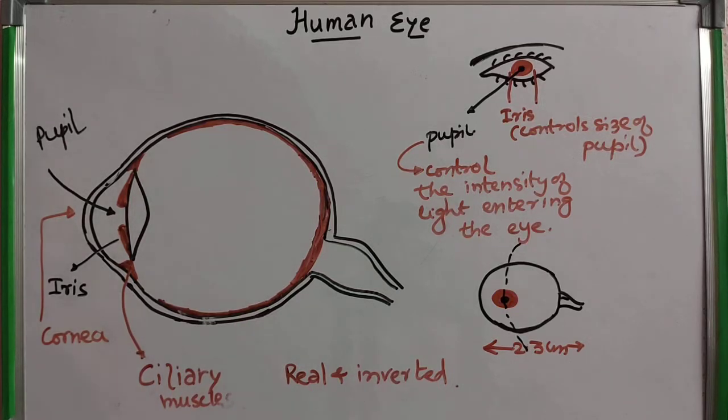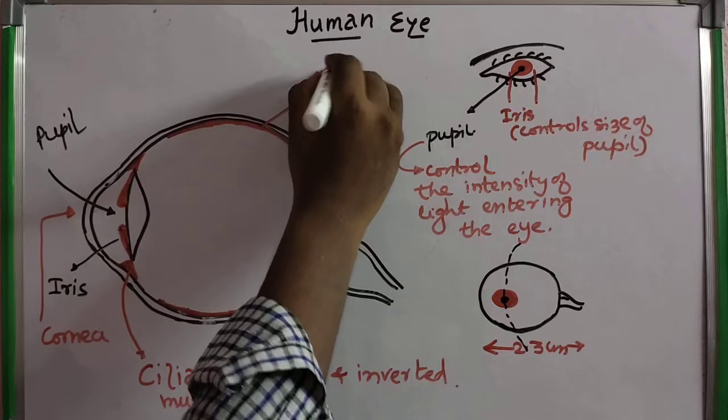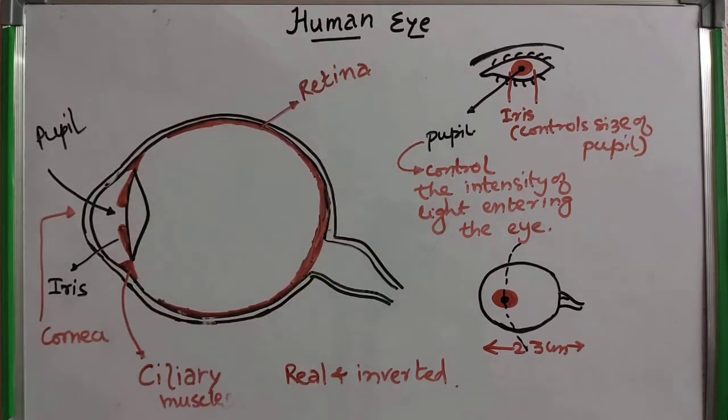So there is a light sensitive membrane, and this light sensitive membrane inside, we call it retina. See how simple. Retina is a light sensitive membrane.